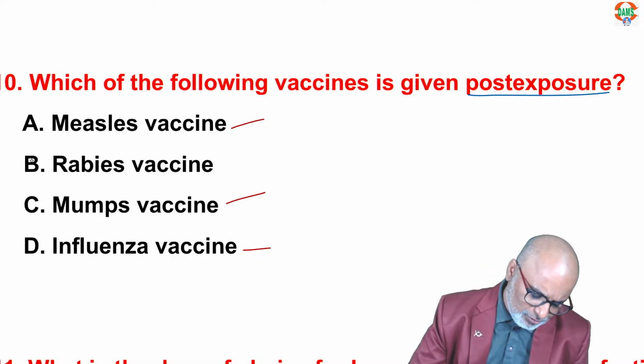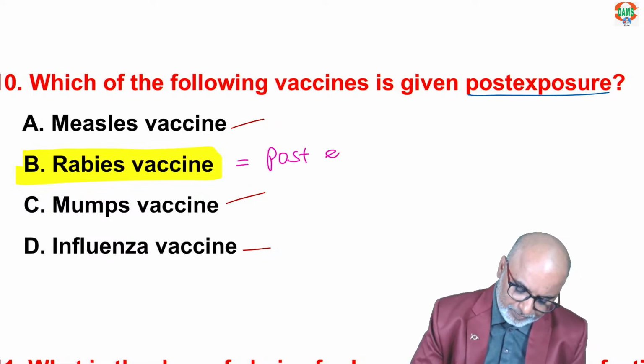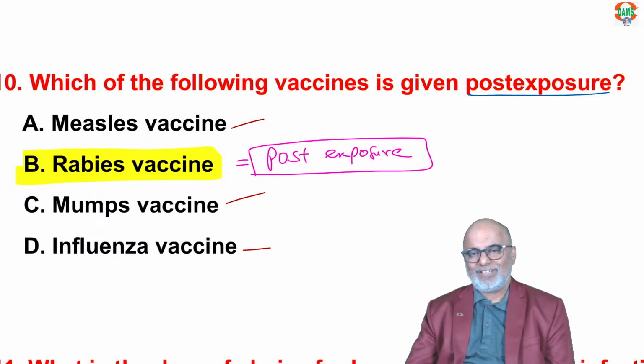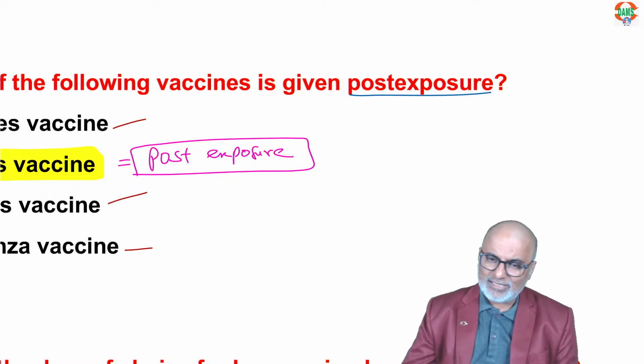Rabies vaccine has a post-exposure regimen. After a dog bite, after exposure, you can go for vaccination. In the same way, hepatitis B post-exposure prophylaxis is also available.